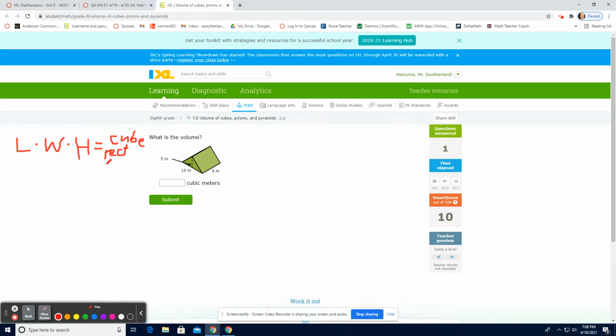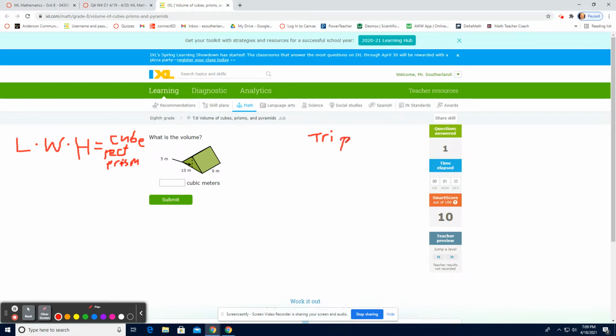We're going to abbreviate rectangular as rect. prism. Now a triangular prism is the same thing. So we're going to abbreviate it as tri prism.